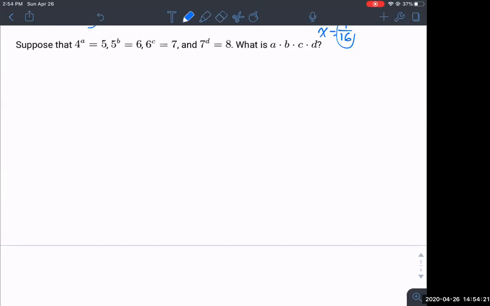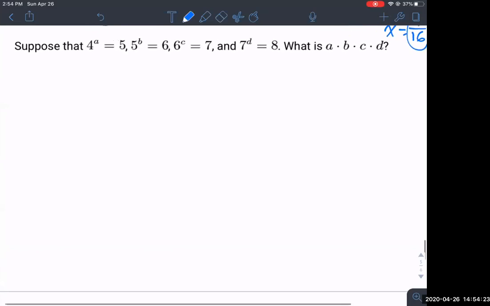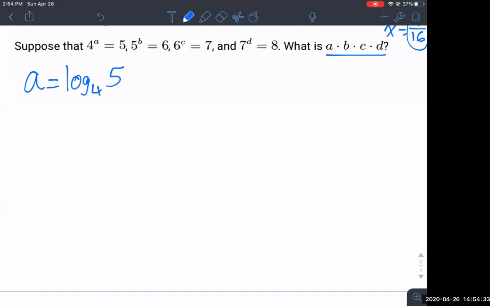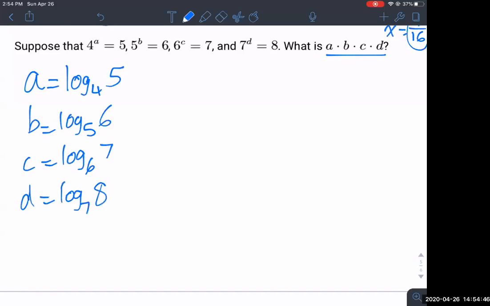All right, so to find a, b, c, d, we should probably take the log to isolate them. So a is equal to log base 4 of 5, b is log base 5 of 6, c is log base 6 of 7, and d is log base 7 of 8.